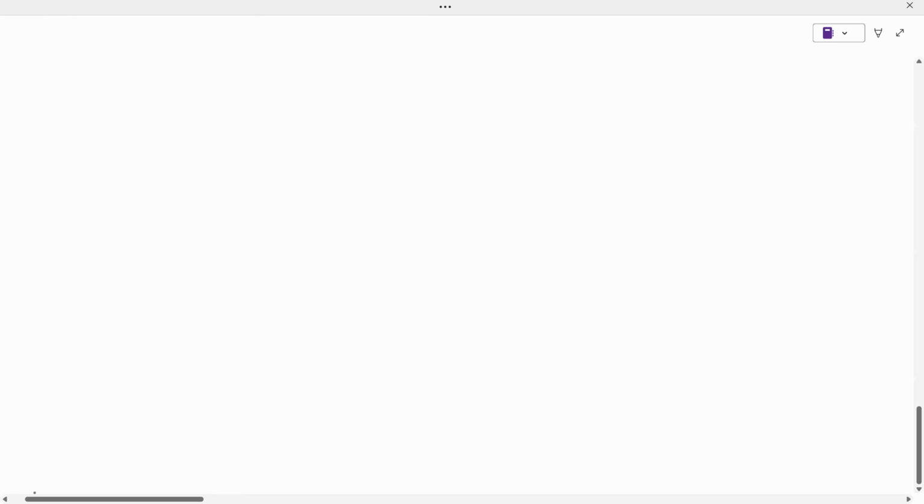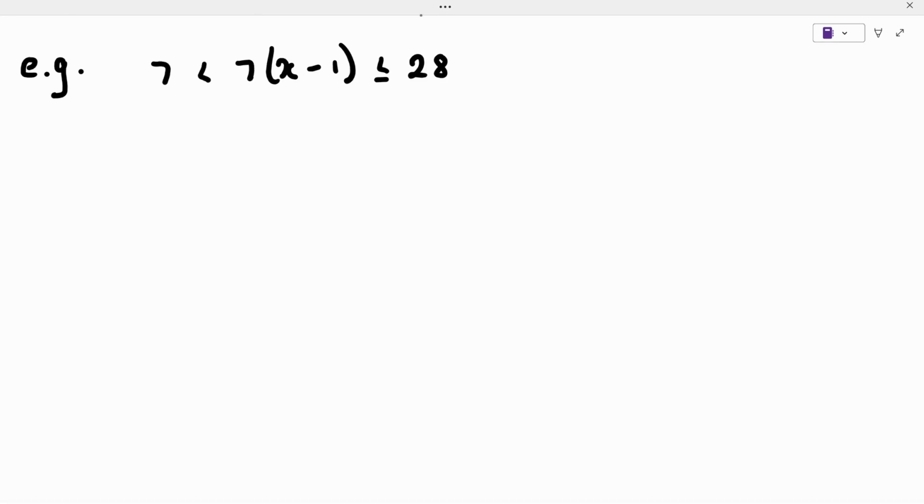Let's say we have, now this time, we have a lower bound, which is 7, and an upper bound, which is 28. So we are going to treat these like two separate inequalities. But what that really means is whatever I do to the left side, I must also do to the right side. So let's expand the bracket, right? So we want to isolate x, right?